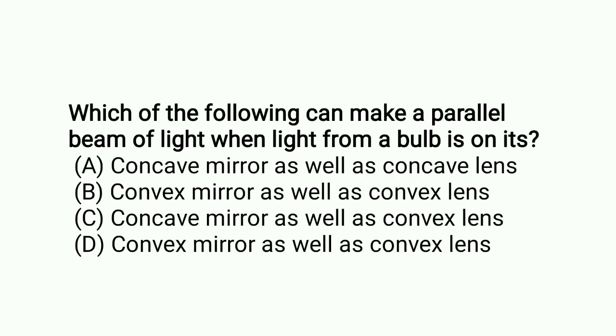Next question, which of the following can make a parallel beam of light, when light from a bulb is on? So which will produce the parallel beam of light? So in the options we have concave mirror as well as concave lens. No, concave lens will not produce the parallel beam.